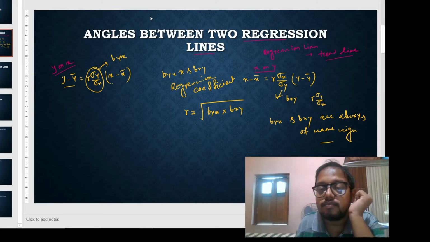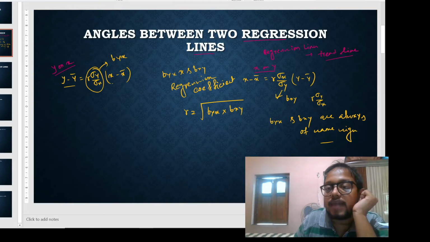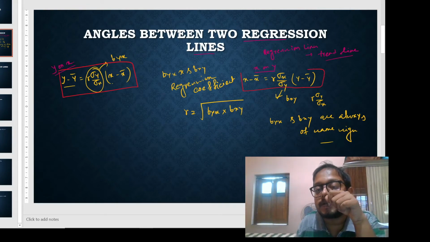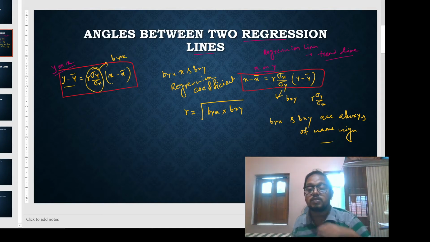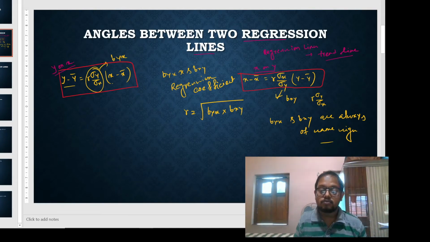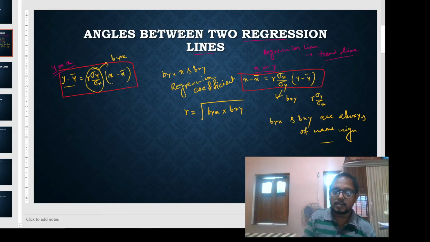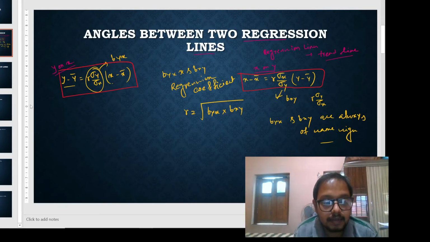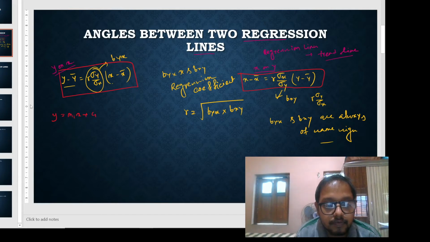Now we have to know how we can find the angle between these two lines: y minus y bar equal to r sigma y by sigma x into x minus x bar, and x minus x bar equal to r sigma x by sigma y into y minus y bar. In school coordinate geometry, we can find the angle between two lines y equal to m1x plus c1 and y equal to m2x plus c2.